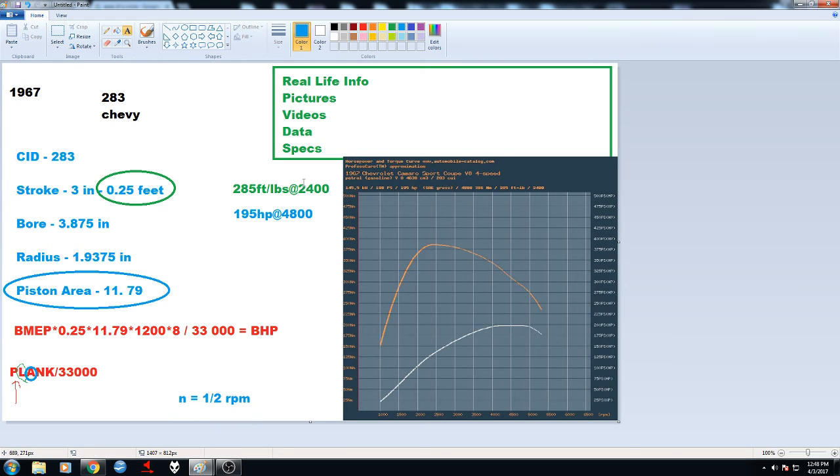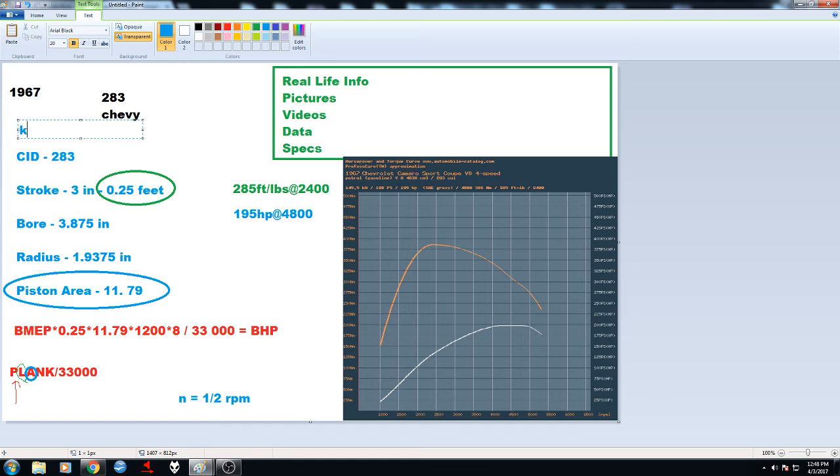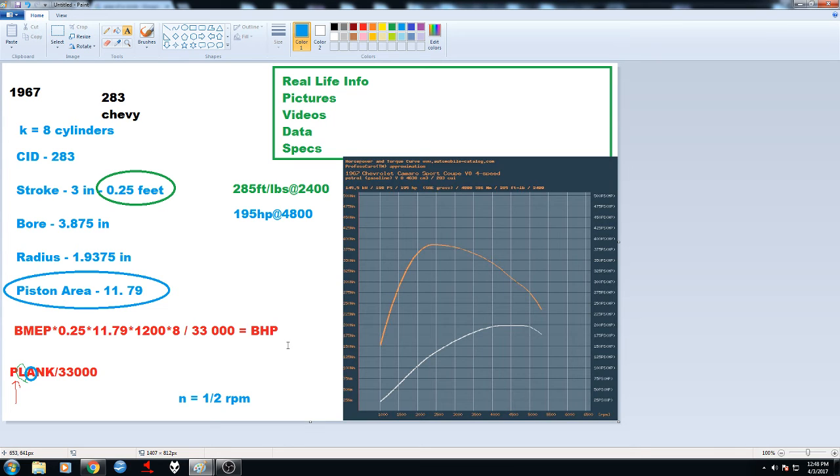So if you want to calculate it at 2400, you divide that by half, that's 1200. If you want to see how much brake horsepower you're making at 4800 RPM, you divide that by 2, and that ends up being 2400. That's N, and K is the number of cylinders, so we did not include that. K equals the number of cylinders, that's 8 cylinders. So this is pretty much all the basic information to start our calculations on our engine.